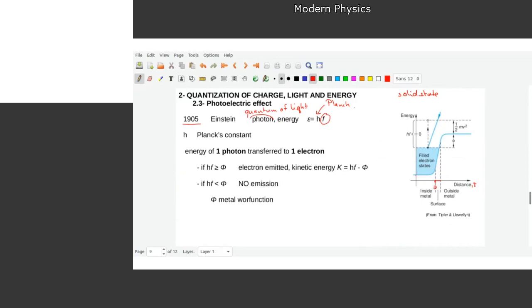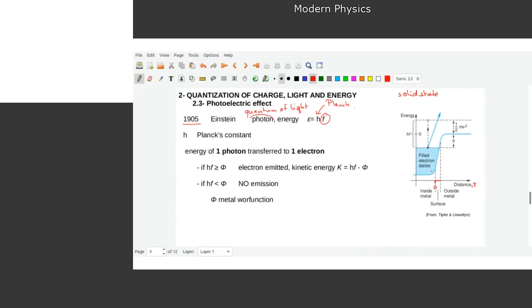You have all the electron states filled, the electrons of the metal.